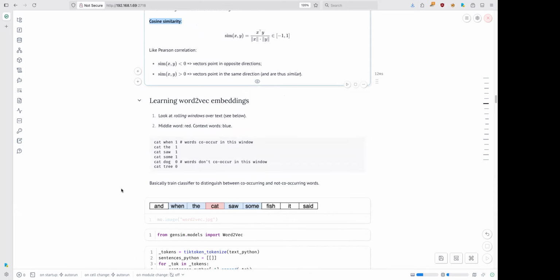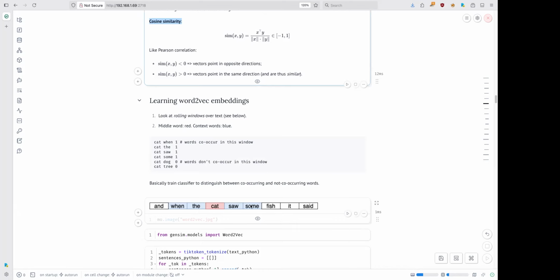We have a piece of text which says, "and when the cat saw some fish, it said something." We have a talking cat here. Our goal is to look at a window around the token cat. The token cat is called the middle token, and it's situated in the middle of the window. The window is here in blue: "when the cat saw some."